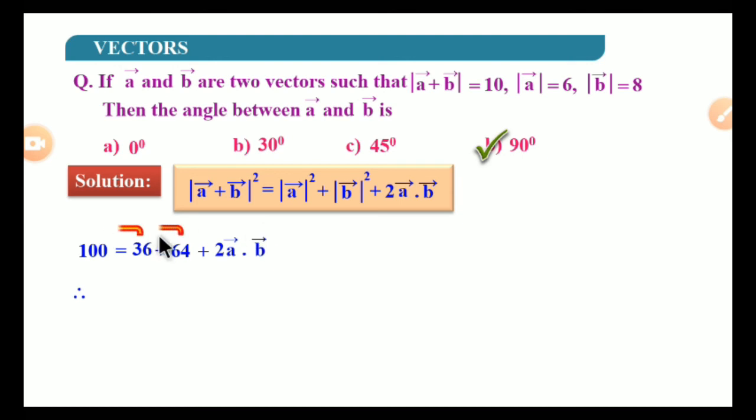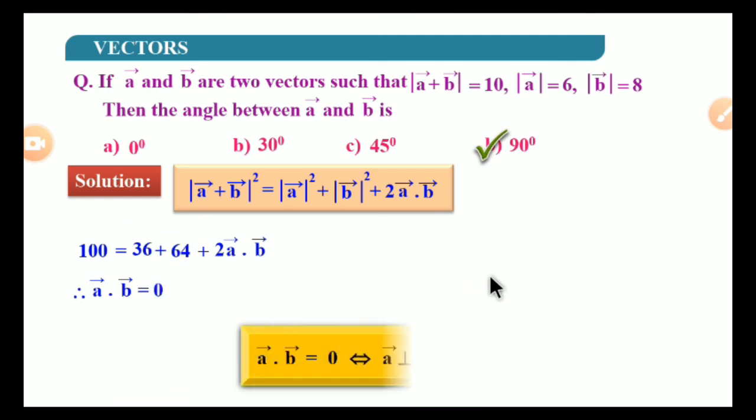Now we can transfer these two terms to the left hand side, so both become negative terms. Therefore we will have A dot B equal to, after taking this one, 0, because 36 plus 64 is also 100, so 100 minus 100 is equal to 0, and after transferring this 2 to that side it becomes again 0.